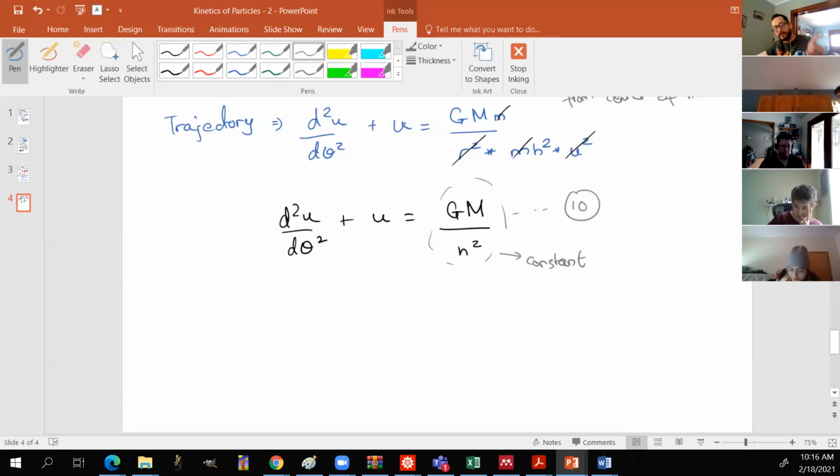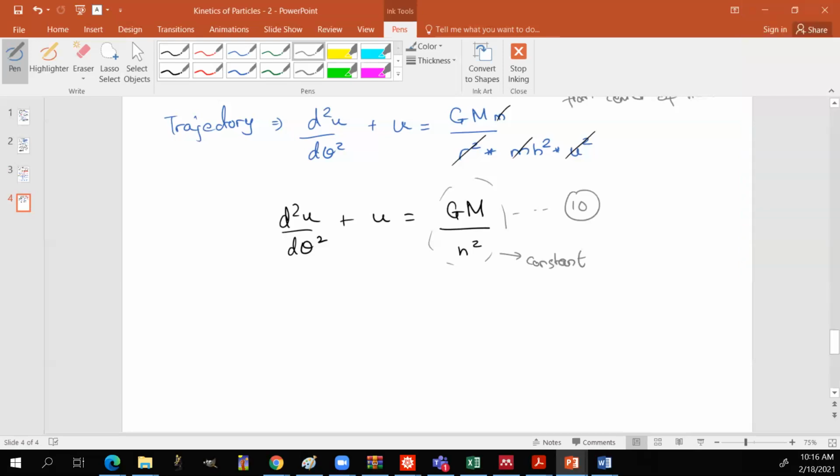Now when you're actually looking to find your trajectories, you have to solve this differential equation.